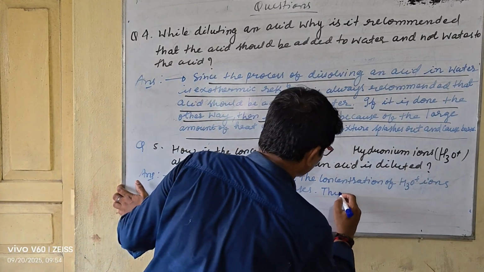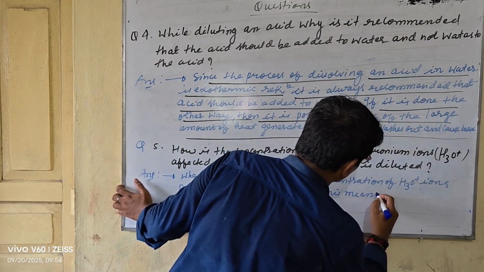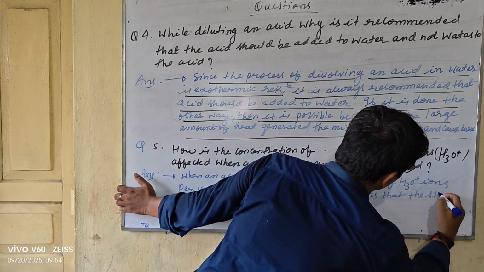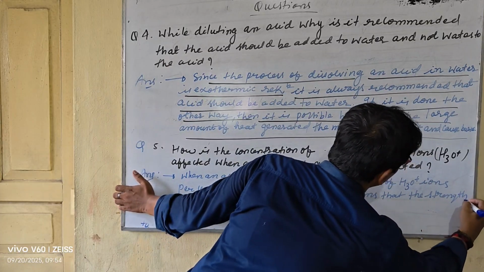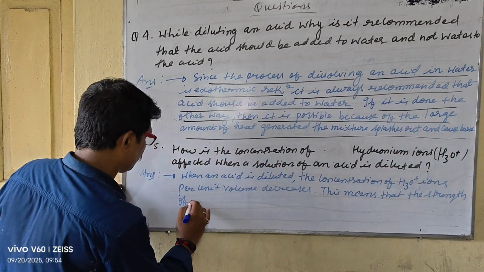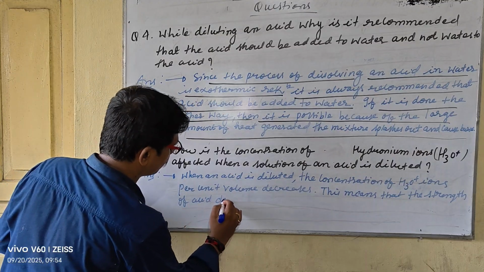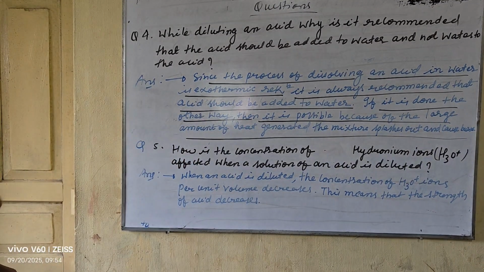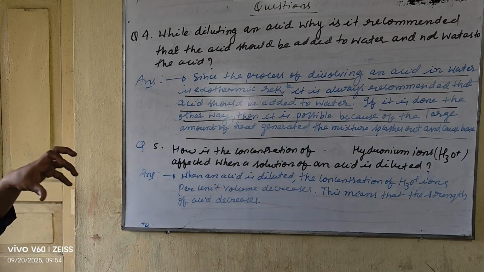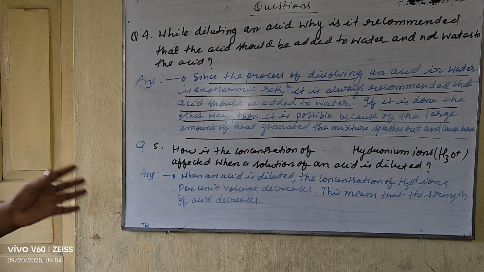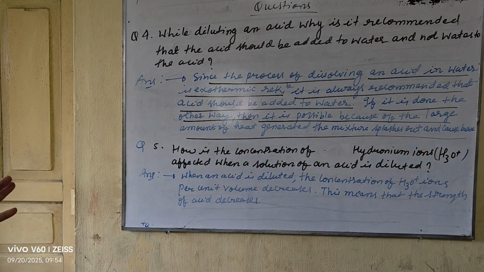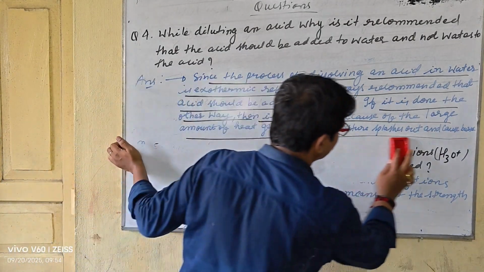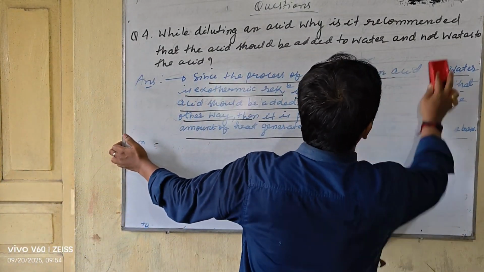So when an acid is diluted, the concentration of H3O+ ions per unit volume decreases, which means the strength of the acid decreases when water is added.